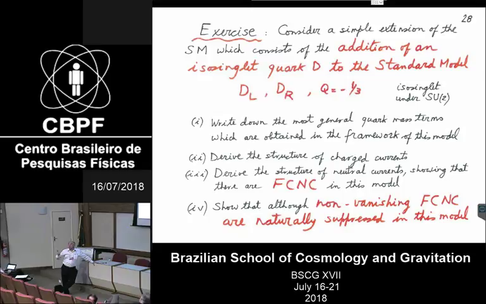The simplest mechanism to generate masses for neutrinos is just the seesaw, which can appear even with the Standard Model added with nu R, which, as I mentioned, is simpler even than the Standard Model. It's this new SM, and then show that non-vanishing flavor changing neutral currents are naturally suppressed in this model. This is a good exercise.